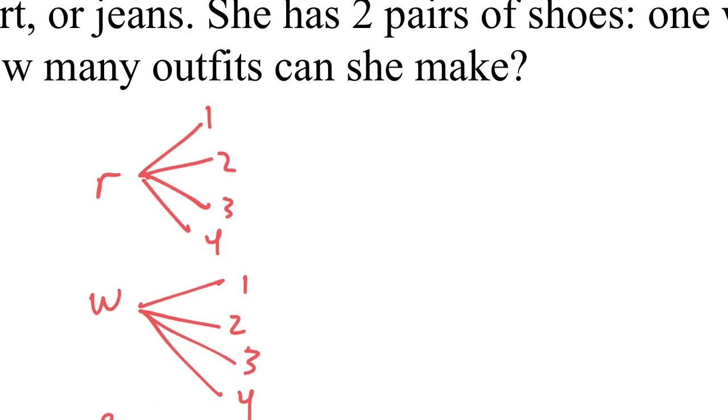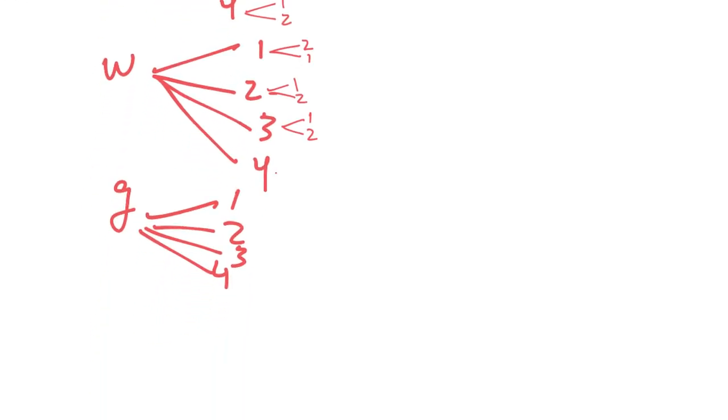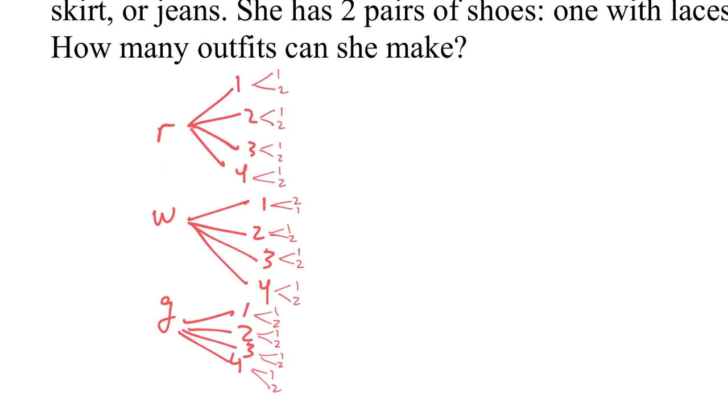So I've got to go in and call them 1, 2 for each bottom. She has 2 pairs of shoes for each of these. So, how many outfits does she have?